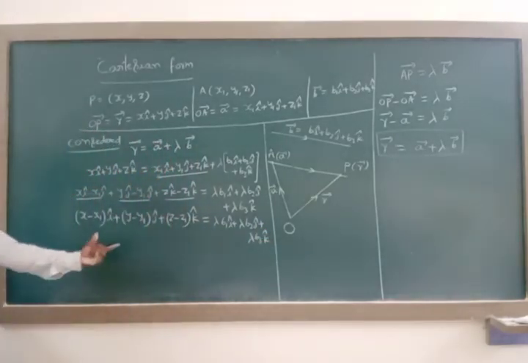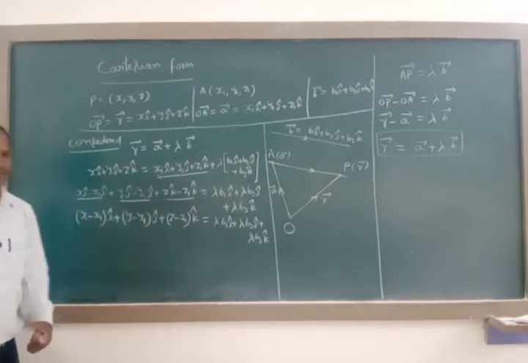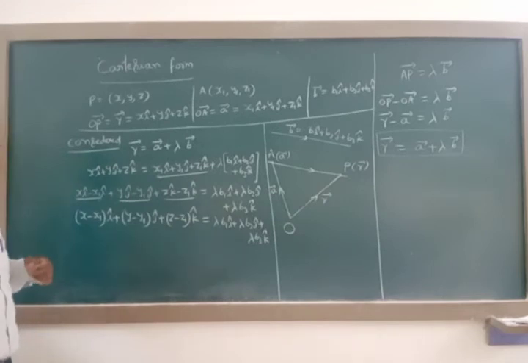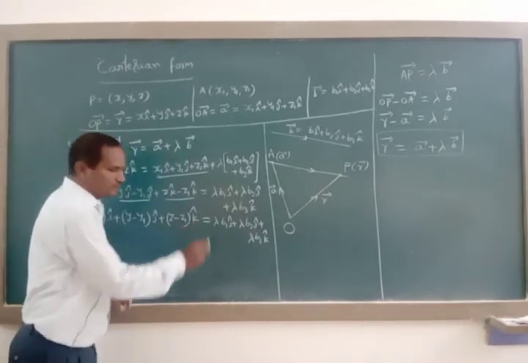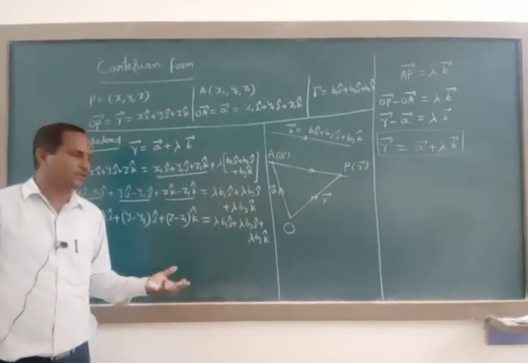Here the left hand side is one vector and the right hand side is also one vector, having the coefficients i cap, j cap and k cap. At the same time the equality symbol is there, so we can call them equal vectors.